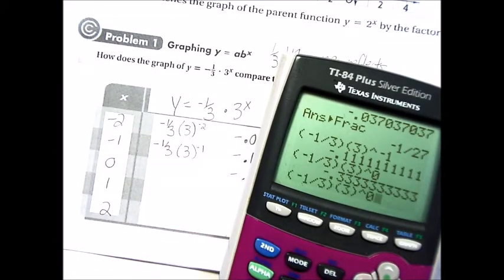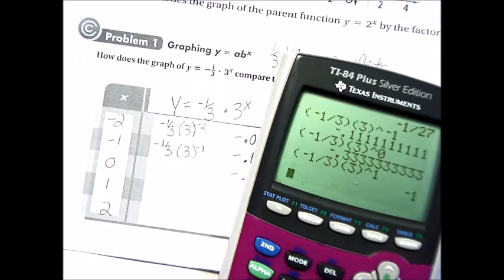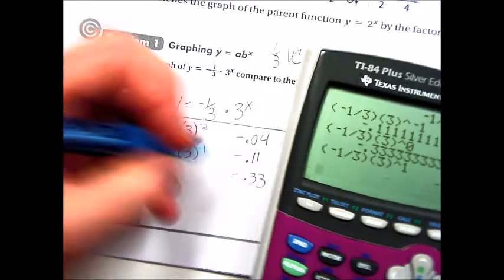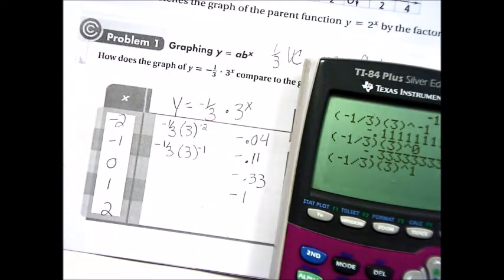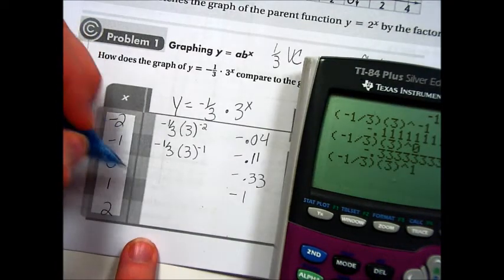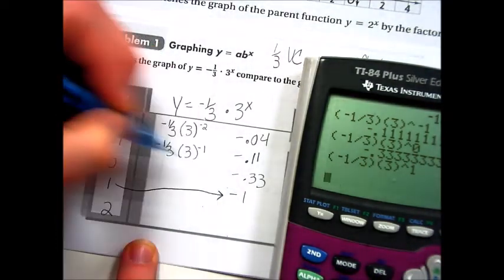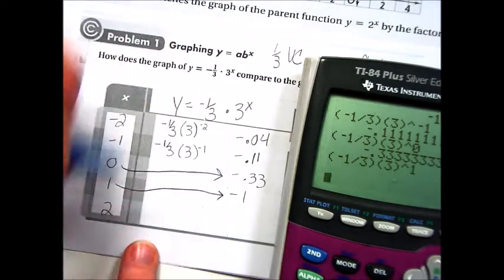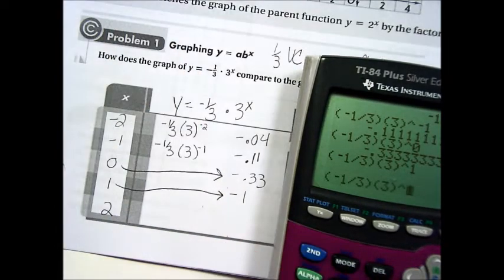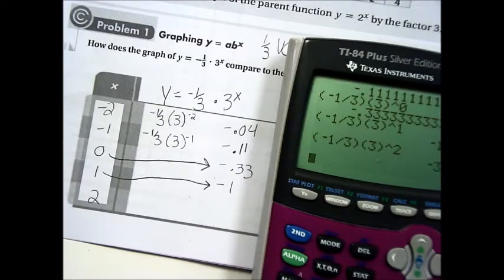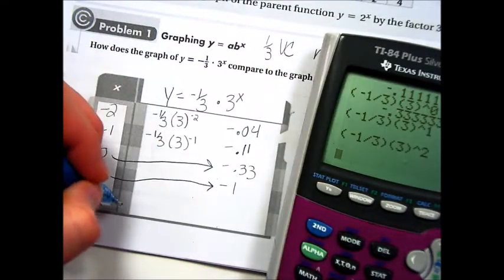Plugging in 1 will be -1. I'm going to kind of draw a line, since this is getting a little confusing. And when you plug in 2, you end up getting -3.